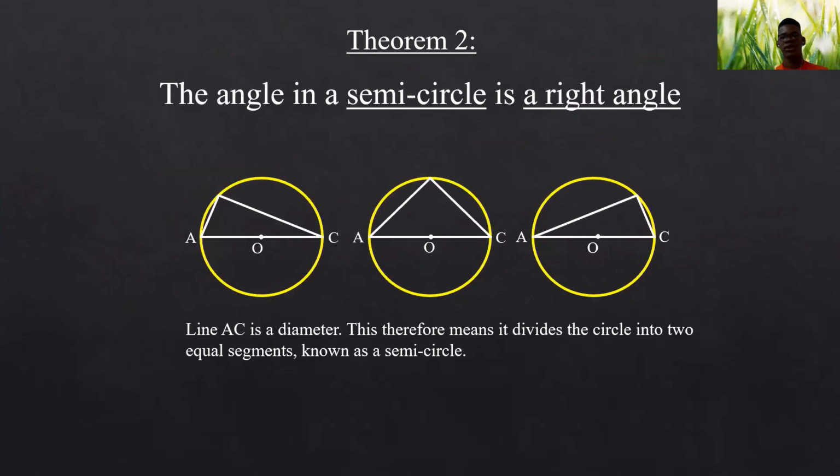In no particular order, you need to remember the statements themselves. In this statement, very short theorem, one sentence: the angle in a semicircle is a right angle. Right away, that's it for this theorem.